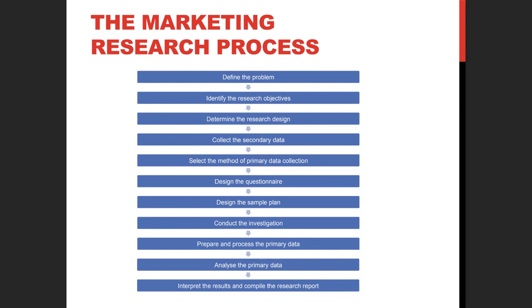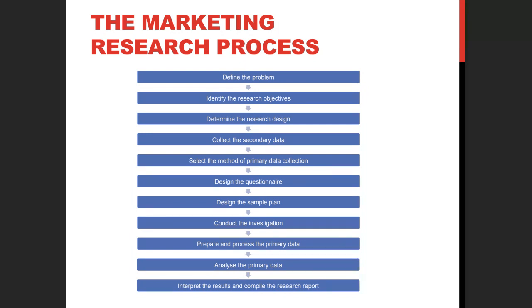In other words, the problem is what triggers the need for research. As an example, in an organization, a manager or managers can realize that there has been a sudden decrease in sales. That may have been identified as a problem.